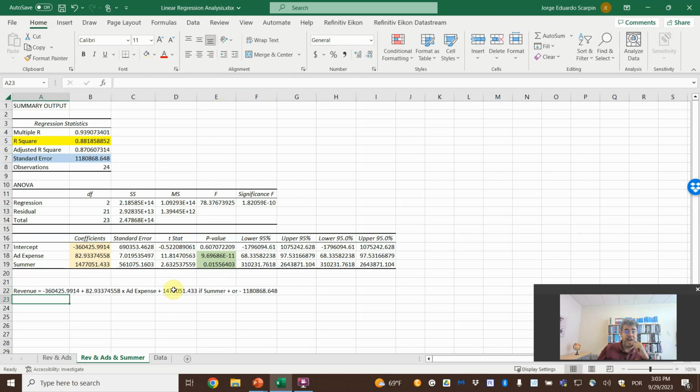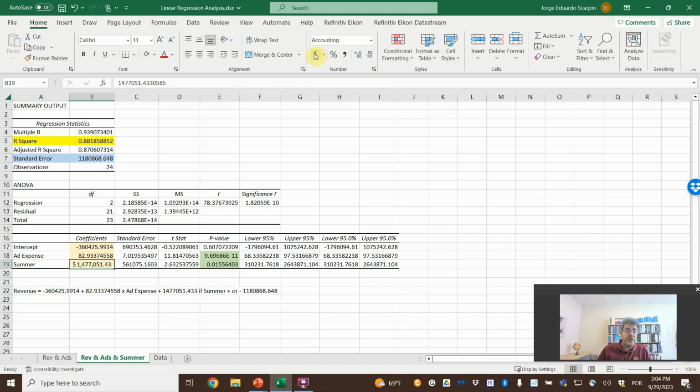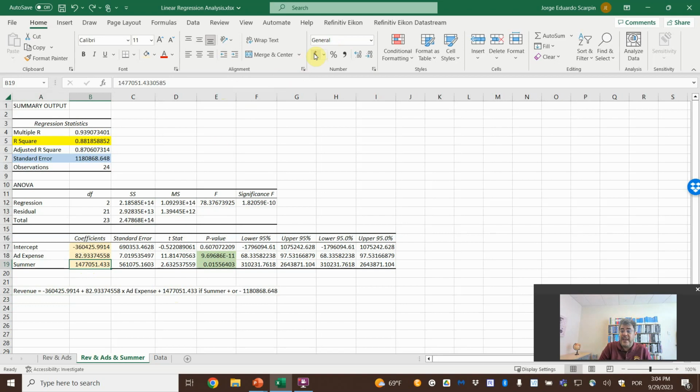So here we have another number. So if it is during the summer, then our revenue is $1 million more than when it is not summer. So yes, during the summer we sell an average of $1 million more, or $1.4 million more.